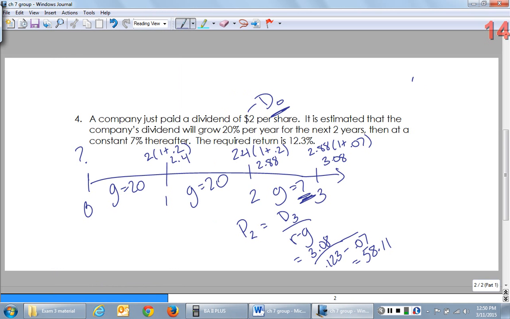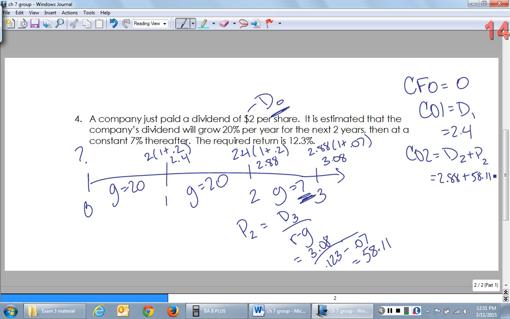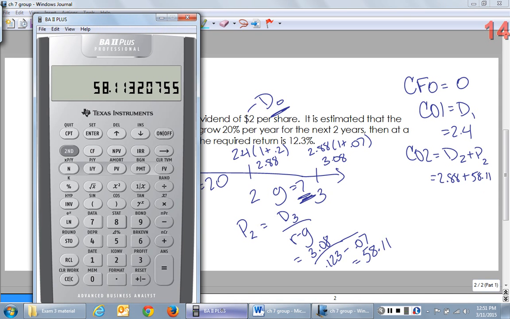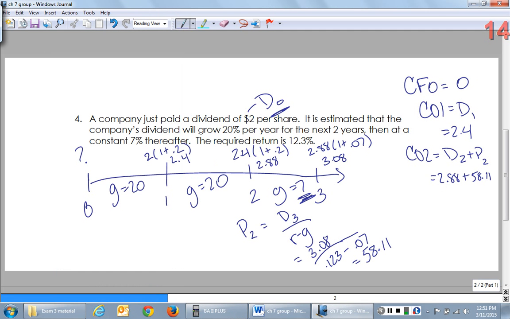So using your cash flow worksheet, cash flow at time period 0 is 0. Cash flow at time period 1 is dividend 1, which is $2.40. And cash flow at time period 2 is dividend 2 plus the price at time period 2. So 2.88 plus 58.11 is $60.99.